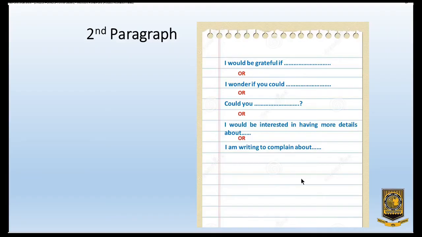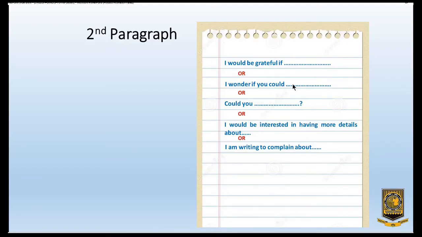second paragraph. Here, you are describing why you are writing. Earlier, you gave some kind of introduction. Here, you are clarifying the problem or the purpose of writing. I would be grateful if you could send me some information about, like that. You can continue.